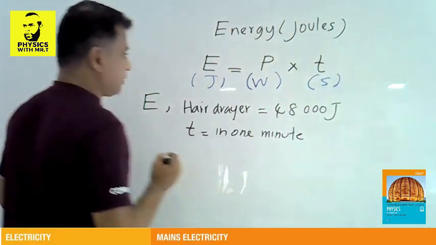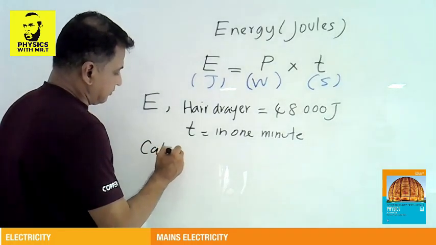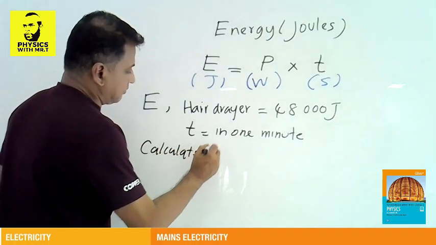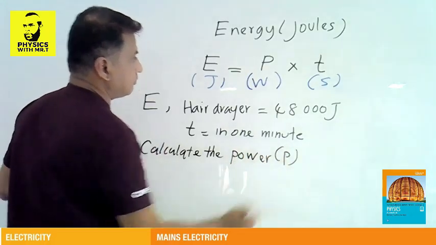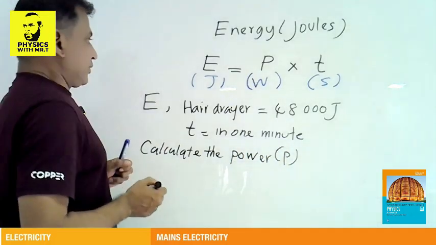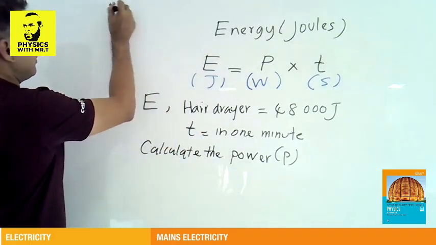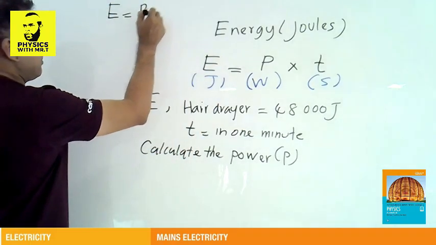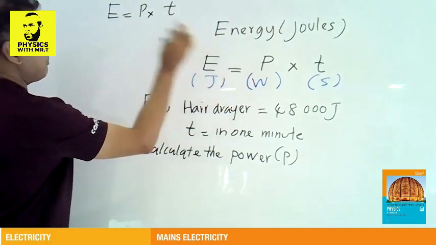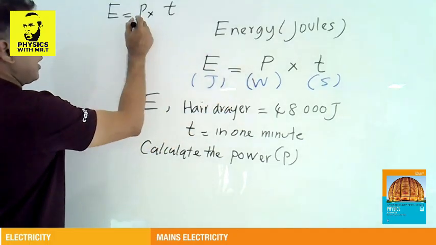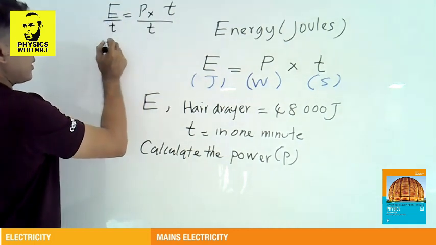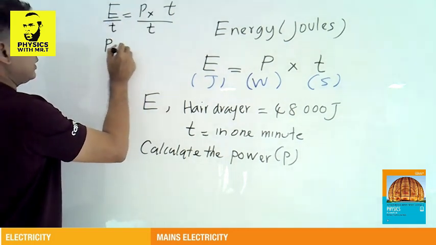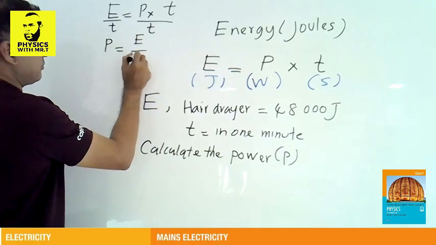Now calculate the power. So again we do like this. E equals P multiplied by T, and the power we have to calculate, so we have to isolate power. So I divide both sides by T. Then P equals E divided by T.